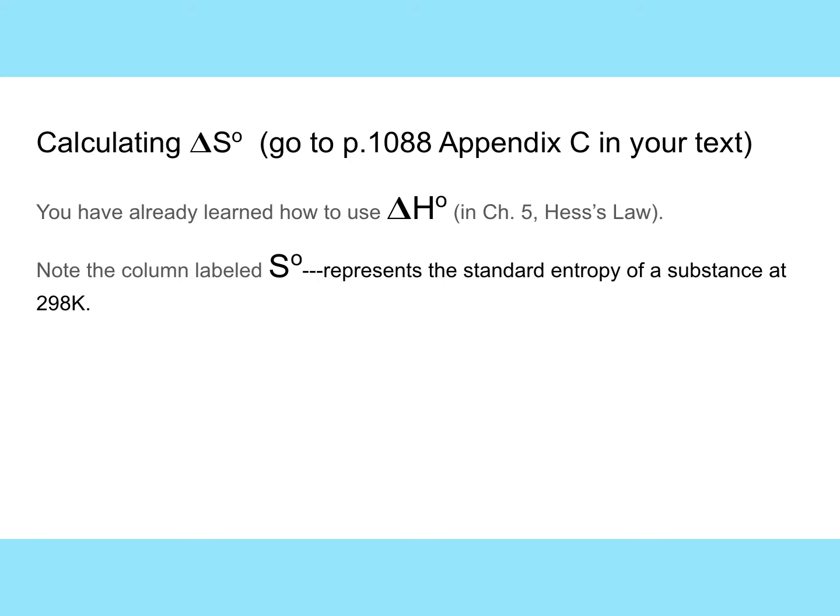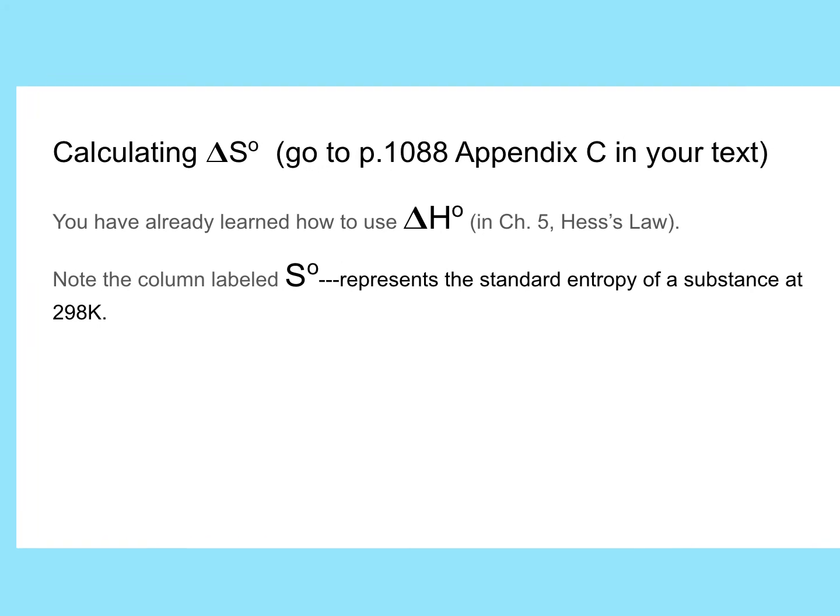So now we should talk about calculating an entropy change. And in order to do this, you need to go to page 1088 or Appendix C in your book. Okay, so pause the video and get that page open, please.